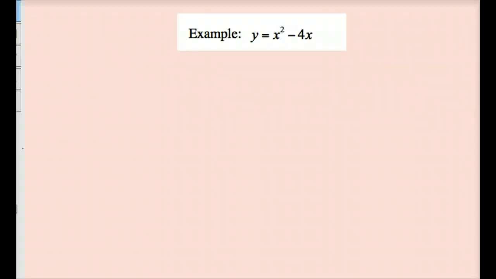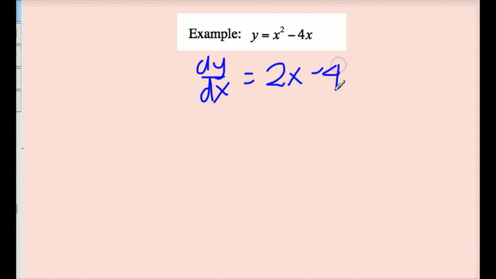So let's take a look at how we've gotten to this process. As of right now, the only thing we've done is taken derivatives. So let's take the derivative of this formula right here. And I'm going to get dy over dx, because the derivative of y is dy dx, is equal to 2x minus 4. Okay, so this is the derivative portion. But let's say I gave you a derivative and they said, well, where did this derivative come from?